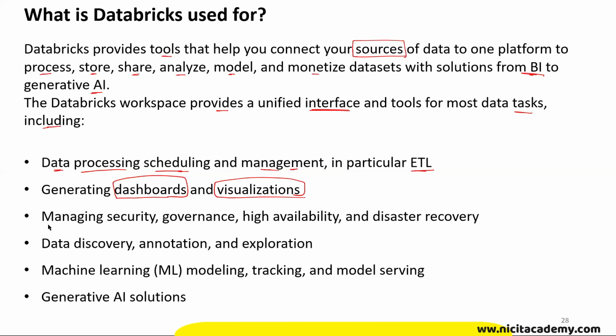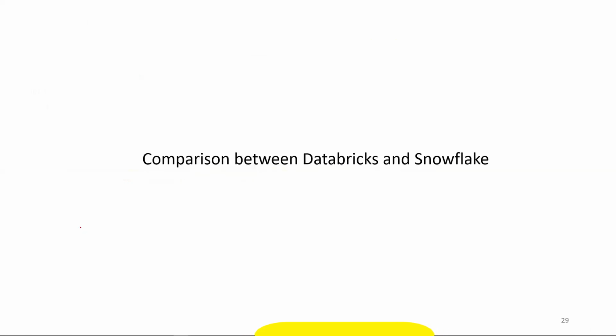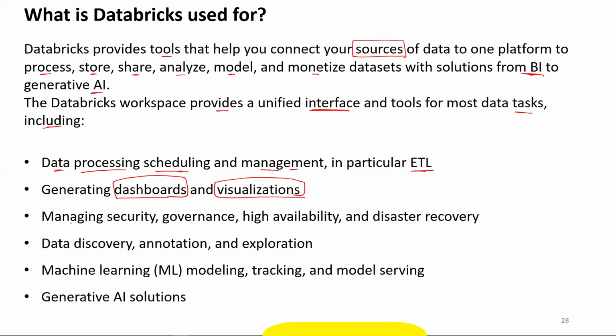Further, the Databricks workspace will manage the security, governance, high availability, and disaster recovery as well. So the security aspect is managed by the workspace. Governance is also managed by the workspace.